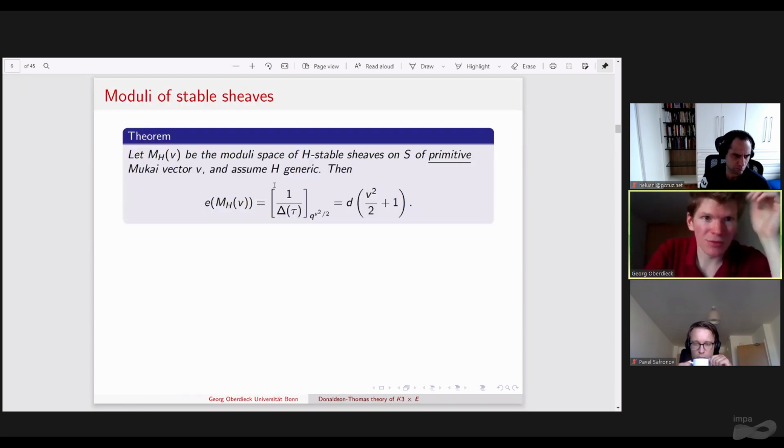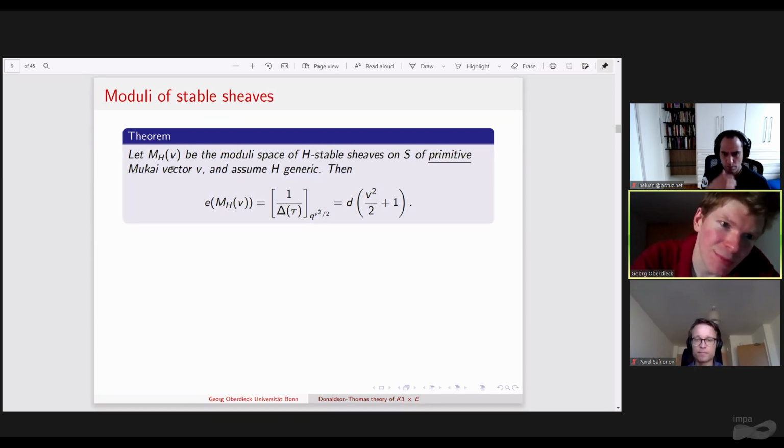So we have the following theorem. If you look, more generally, at an arbitrary moduli space of H-stable sheaves on this K3 surface S, where you take a primitive Mukai vector, so v is a primitive vector in this lattice, and you assume also your polarization is generic, that's a detail, then again you get a smooth projective moduli space, and the Euler characteristic is again given by the corresponding coefficient of this one over this function.